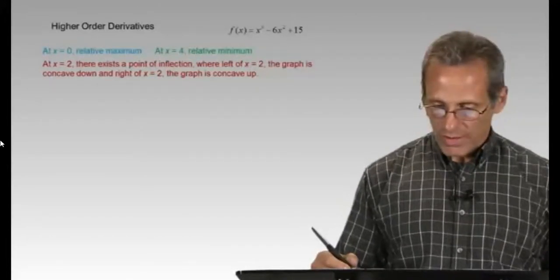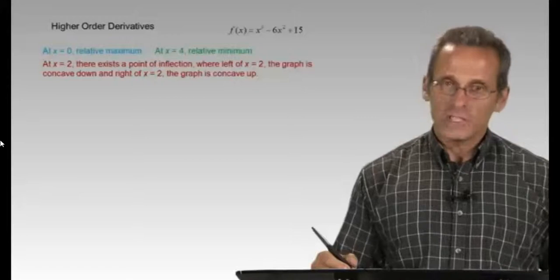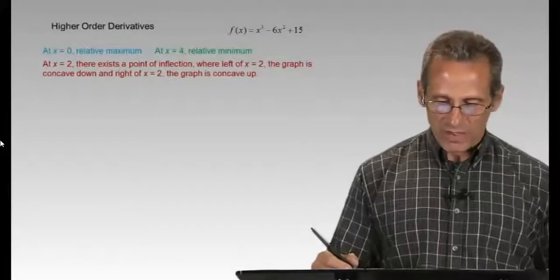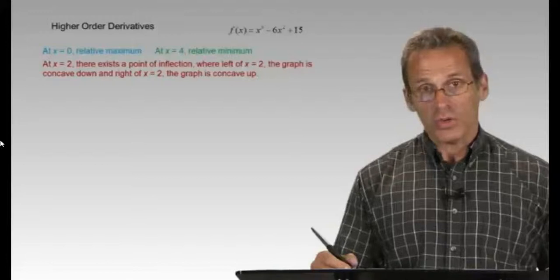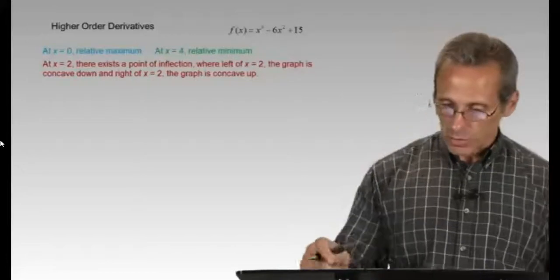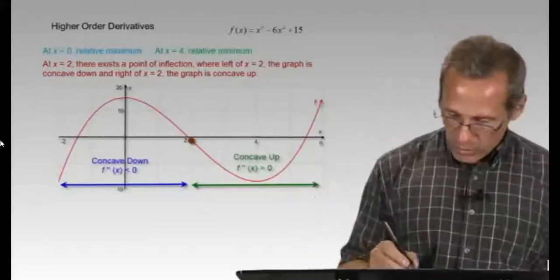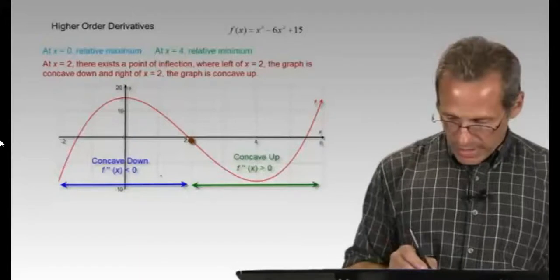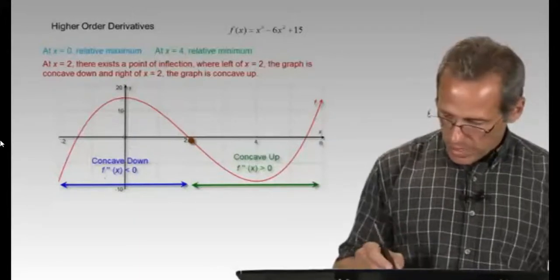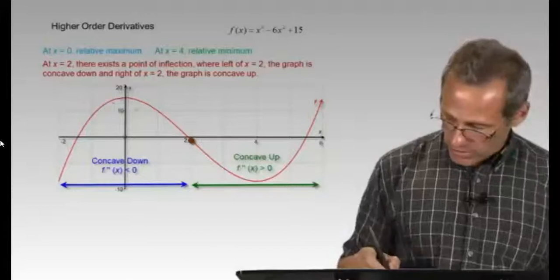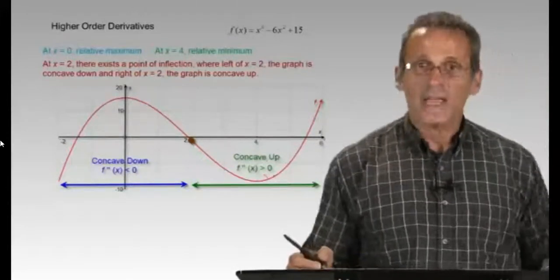Right of 2, the graph is concave up. Does that information jive or coincide with the fact that we have a relative maximum left of 2 and a relative minimum right of 2? Yes, it does. We see our inflection point where the graph changes from concave down to concave up. We see our relative maximum at 0 and our relative minimum at x equals 4.